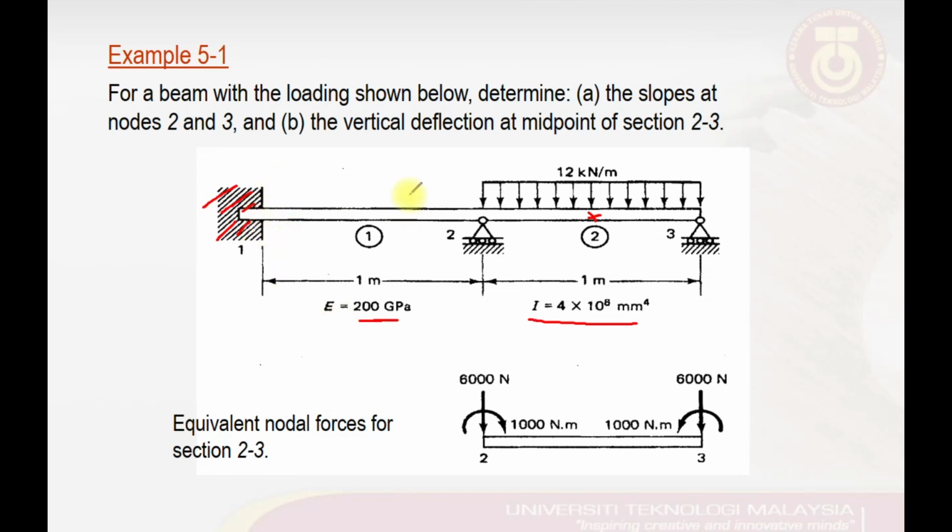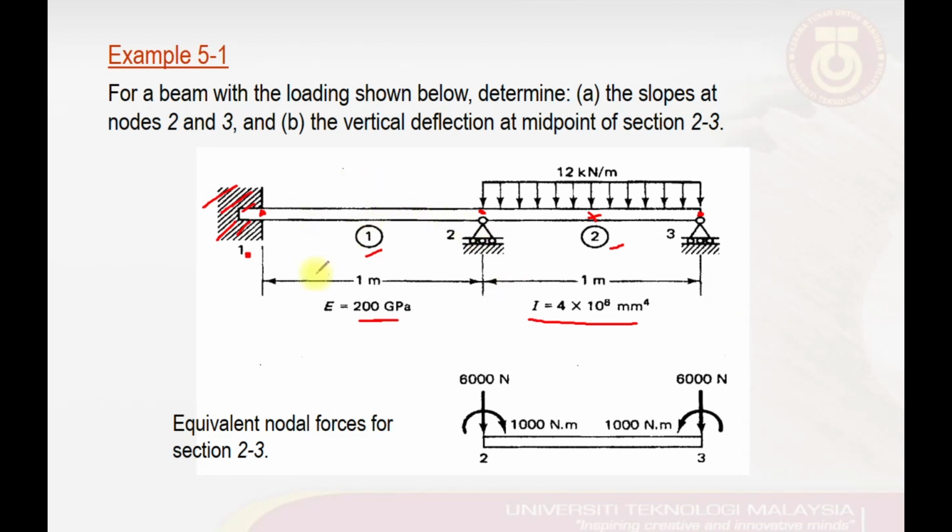So this beam can be divided into 2 elements, which is element number 1 and element number 2, and we can start labeling the node numbering, which is node number 1, located there, node number 2 there, and node number 3, which is located somewhere there.